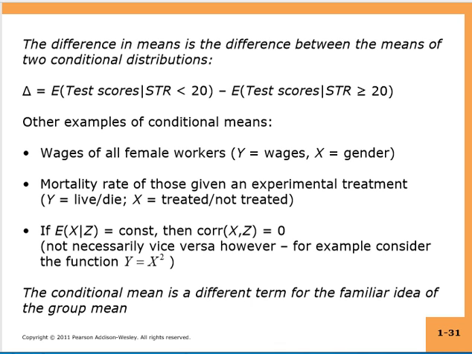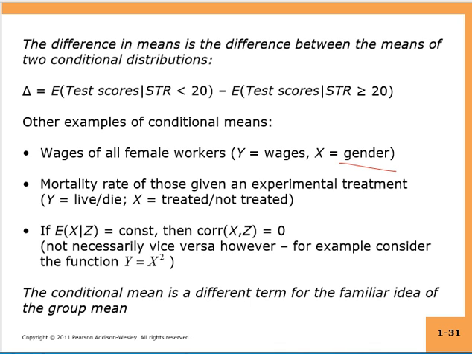Now this is of course a discrete variable, okay, but you might find that the conditional mean of wages for the males in the group may be higher than the conditional mean of wages, given that an individual is a female.